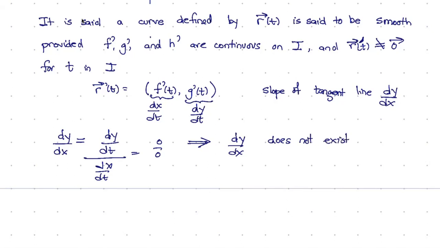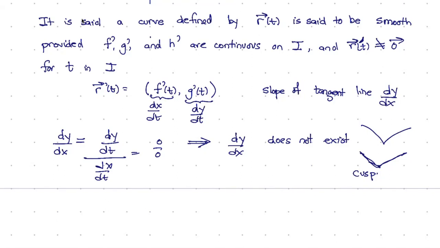And this will correspond to a sharp point or a cusp. What we would say in engineering terms is that this is some form of roughness to the curve. And so when dy dx is not a continuous function of t, then we end up with a rough curve.